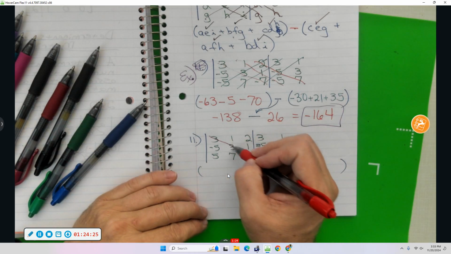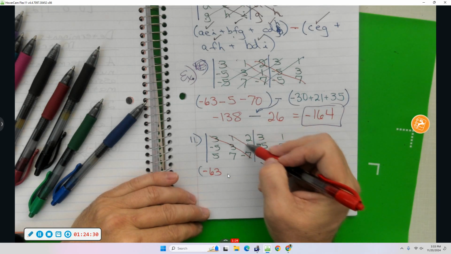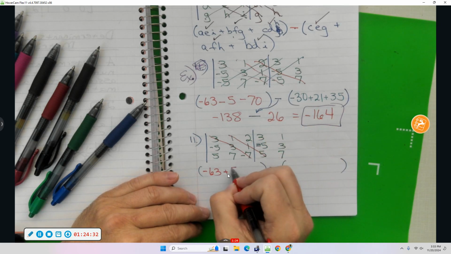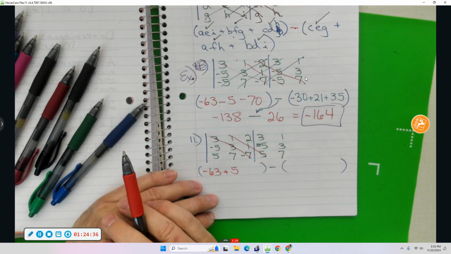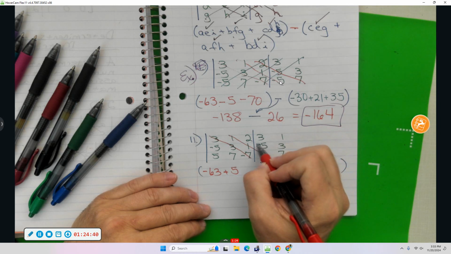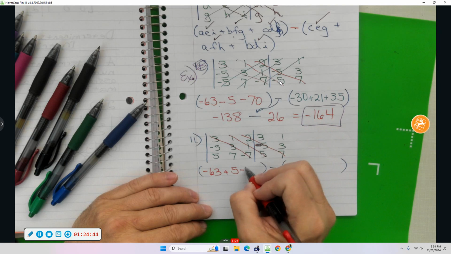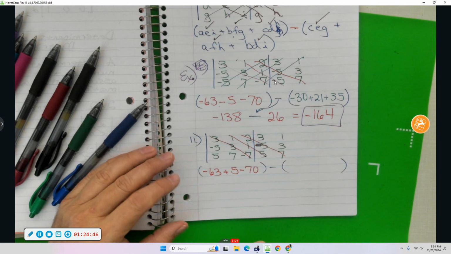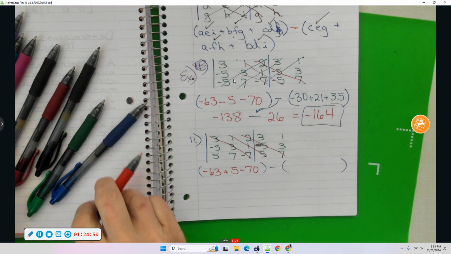So, a negative 63. See, plus here's a positive 5. I had a minus 5 because I had the wrong sign. And this is a negative 5 right here. What is that, a minus 70? Now we're going the opposite direction. This is going to be a positive 30.